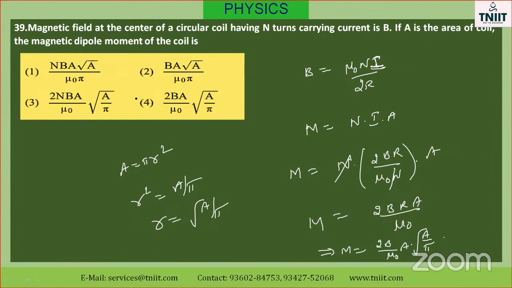Now I think option 4 will be the right answer. Check once. The option is not kept in terms of R. You have to replace R value. So if I replace the R value, I am going to get option 4 as the right answer.